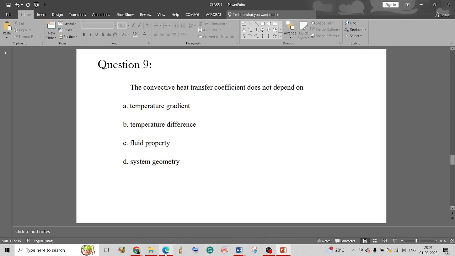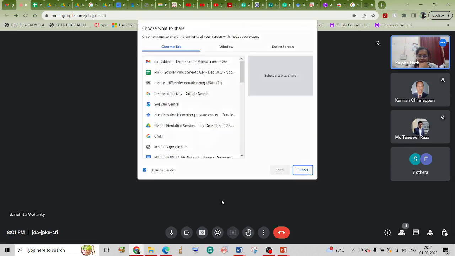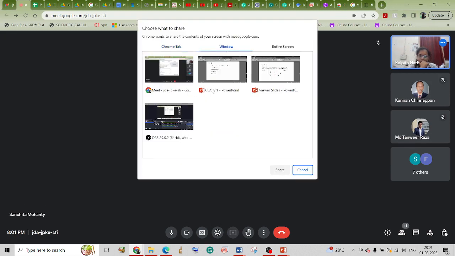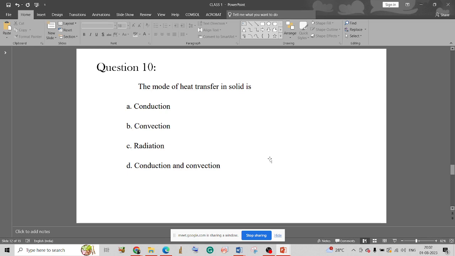Now let us proceed to the next question. We have few more questions left. What is the mode of heat transfer in solid?